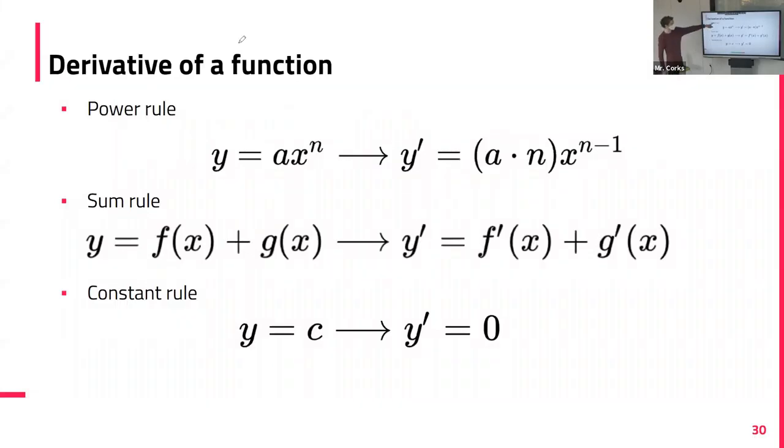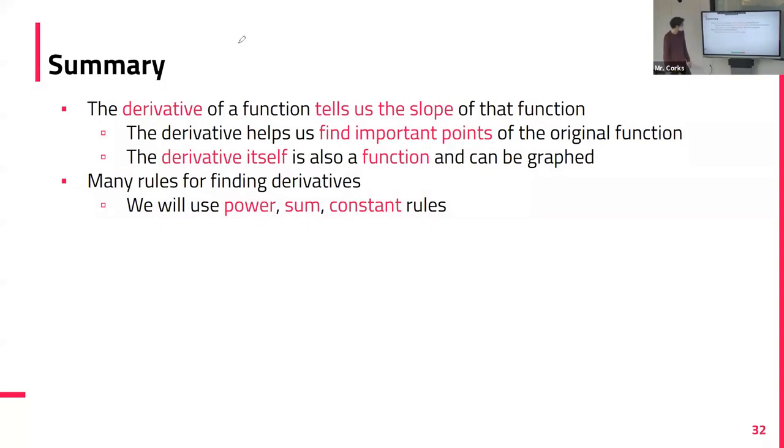The power rule is the hardest one that we're going to do. So once again, derivative is the thing that tells us the slope of whatever original function we have connected it to. And then using that derivative, we'll find all these important points. Here's where the slope is flat and the maximums and minimums and lowest possible slopes and all of that. So the derivative is also a function.